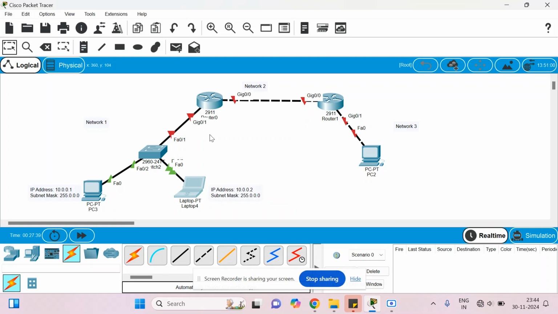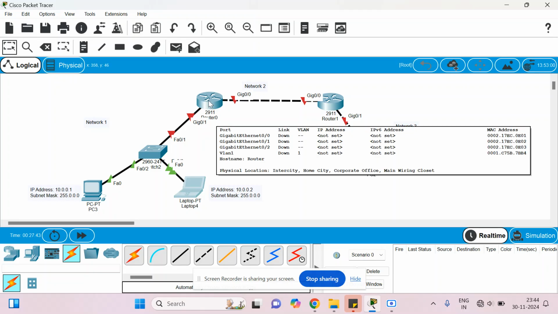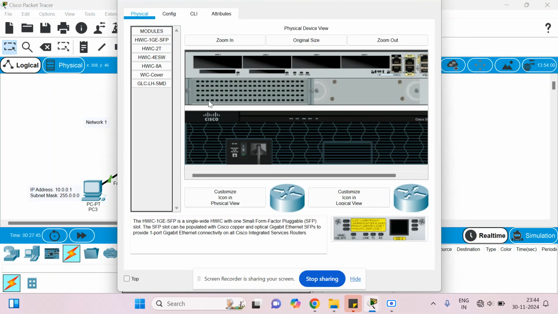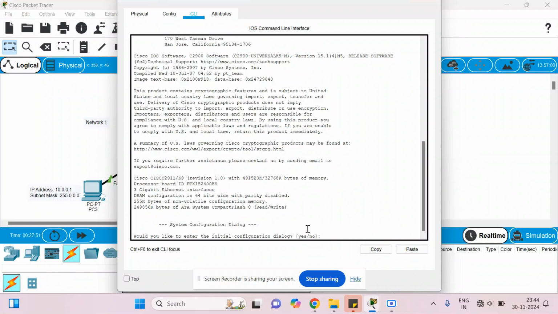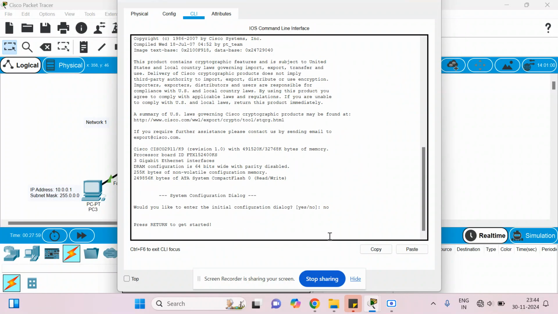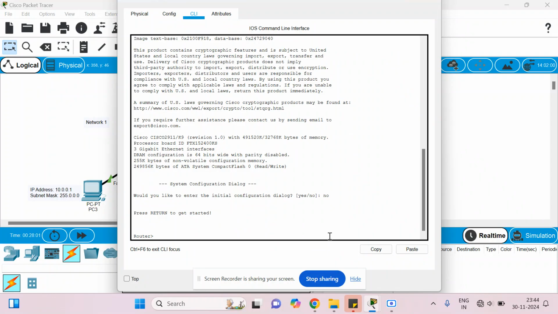Alright, now we will configure the router. First router, open it. We will make use of commands. So I open the command line interface. Here it asks, would you like to enter the initial configuration dialog? No, we have to do a fresh configuration. So press enter once more.